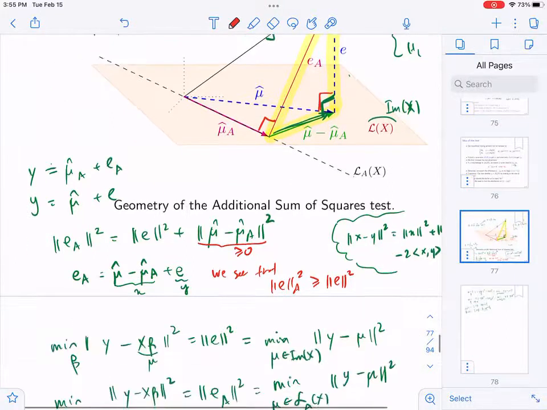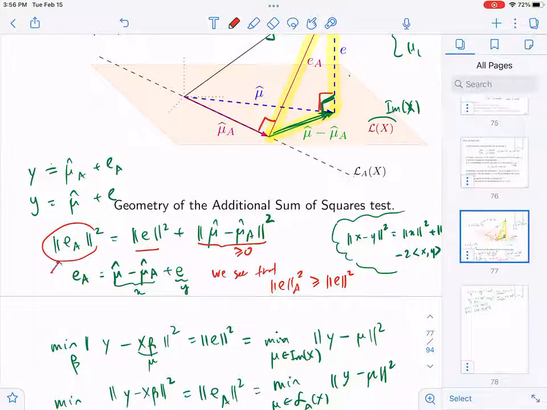So what I want to do now is, basically, how well the restricted model fits relative to the full model determines whether you want to reject or not. If the restricted model's residual is very close to the full model's, it means that even with restrictions, I can fit well, so I'm going to go for the null hypothesis.